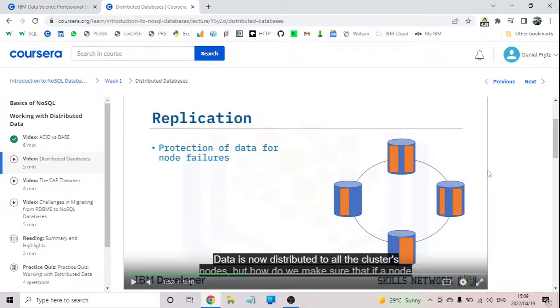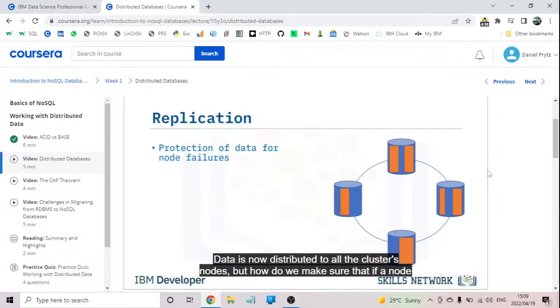So let's continue. Replication. Replication is the protection of data from node failure, in case of a natural disaster.